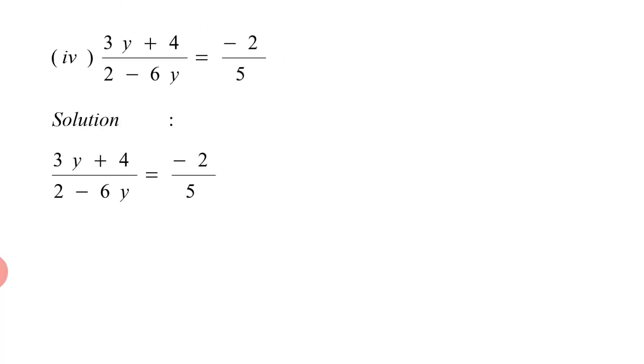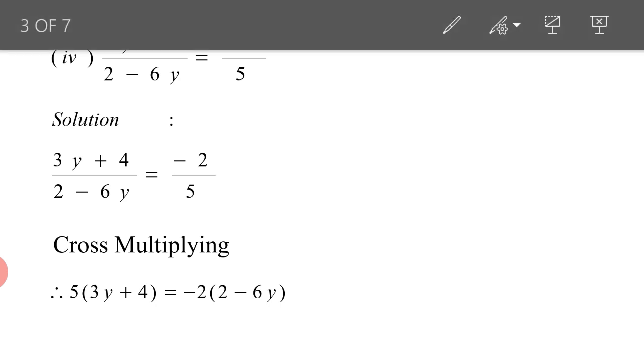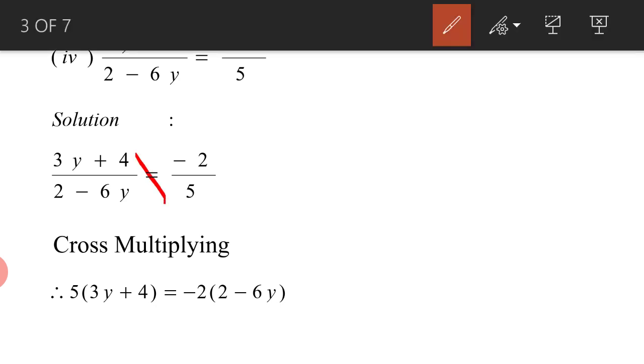Here also we do cross multiplying, and after cross multiplying we get (3y plus 4) into 5. So can we write it as 5 into (3y plus 4), and then the second cross product will be minus 2 into (2 minus 6y). As we are getting a cross, we call this a cross product. So now cross multiplying, you get 5 into (3y plus 4) is equal to minus 2 into (2 minus 6y).